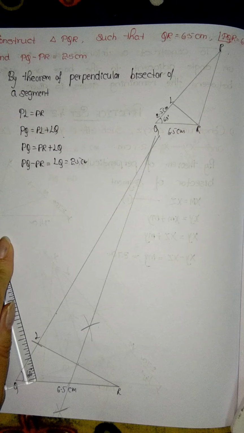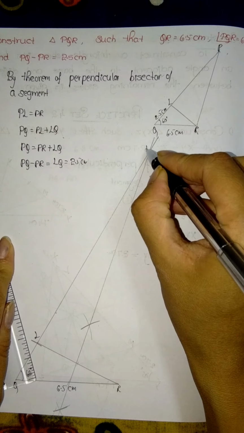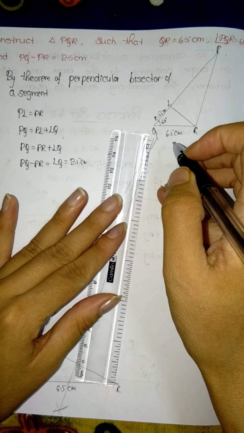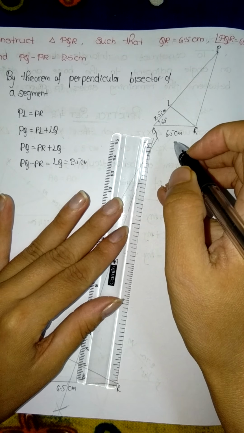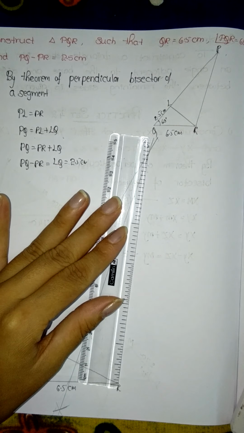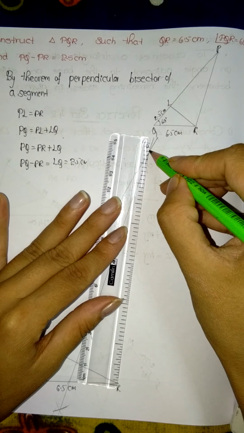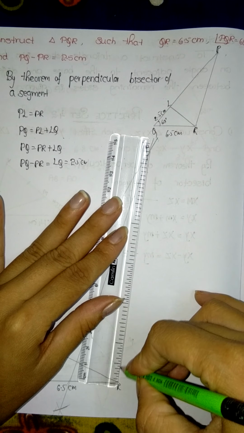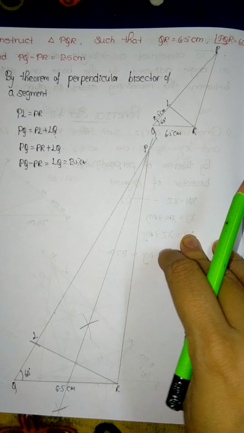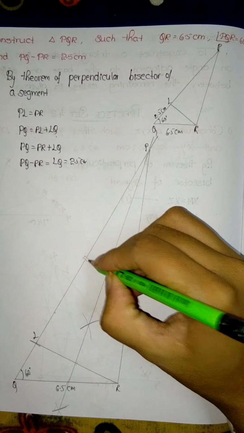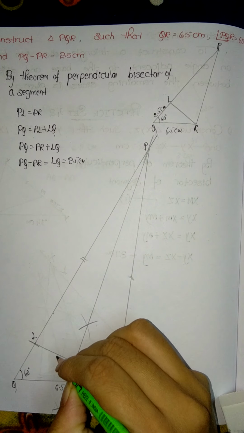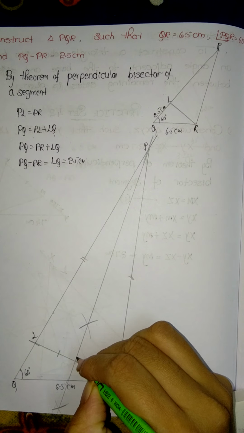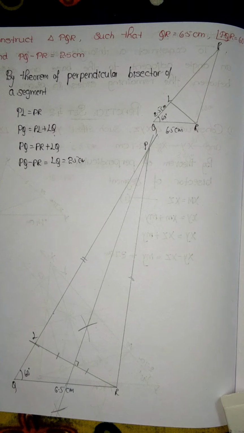Join this and give the name P for this point, and after that join P and R. So here these two sides are equal and these two sides are equal because it is a perpendicular bisector. So it completes our question number 2.